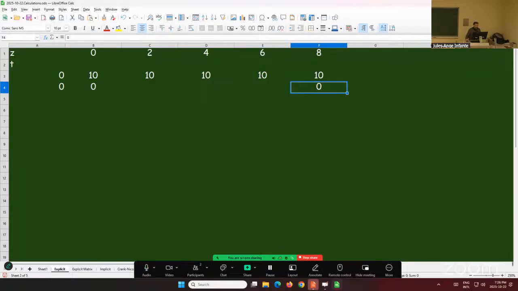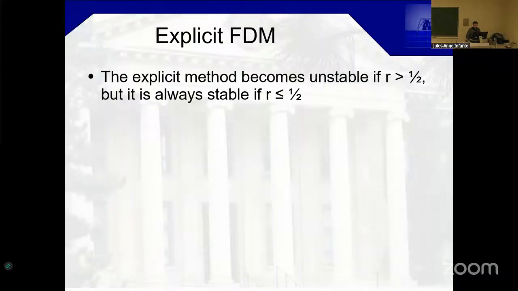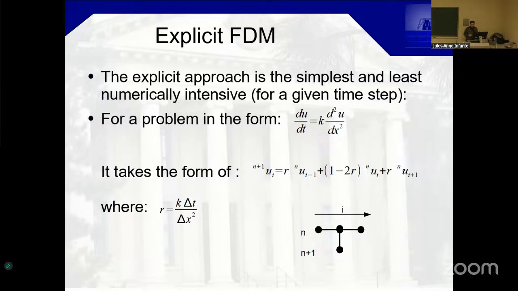Now, what happens at the other cases? In the other cases, well, we have to look back at the equation that we had here, where we have U_i equal R, basically the sum of the R's, plus of the two nodes, plus 1 minus 2R of that given node.